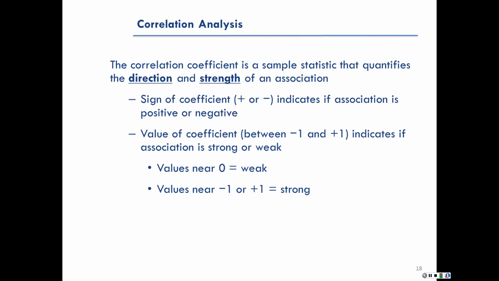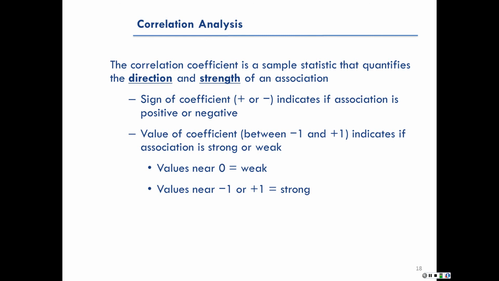The particular statistic that's used with correlation analysis is called the correlation coefficient. This is a sample statistic that quantifies both the direction and strength of an association. The sign of the coefficient can either be positive or negative, and this indicates if the association is positive or negative, like we saw in those graphs.